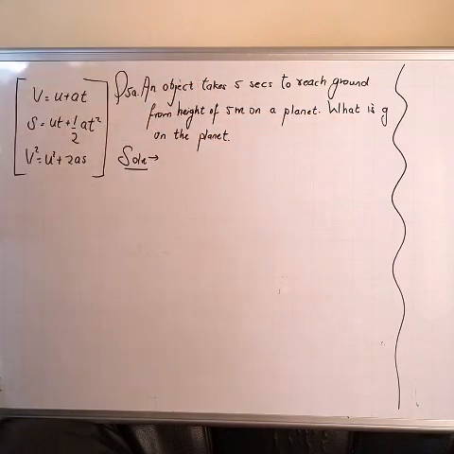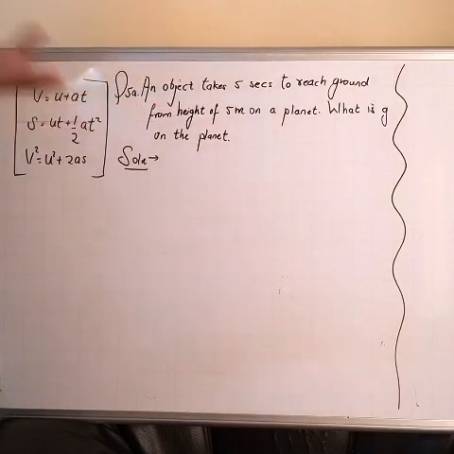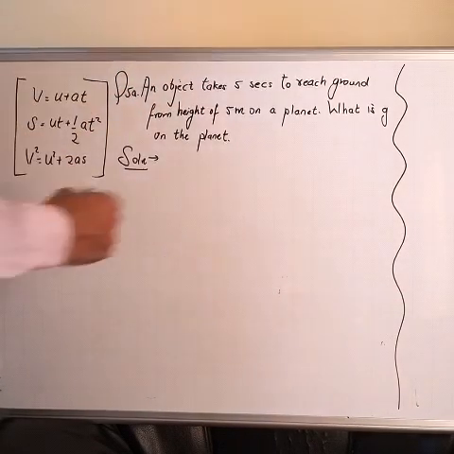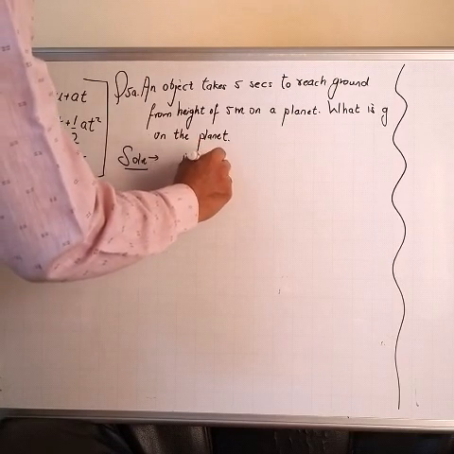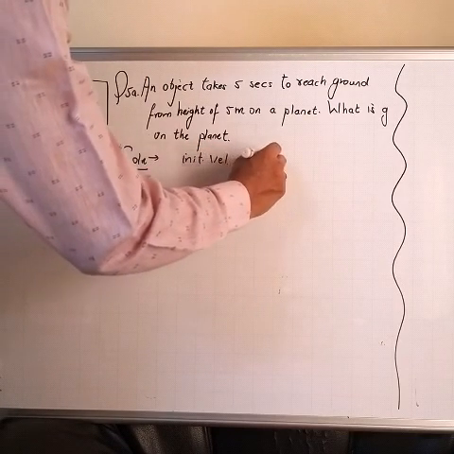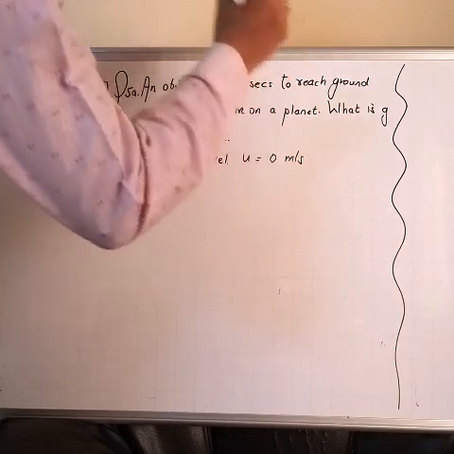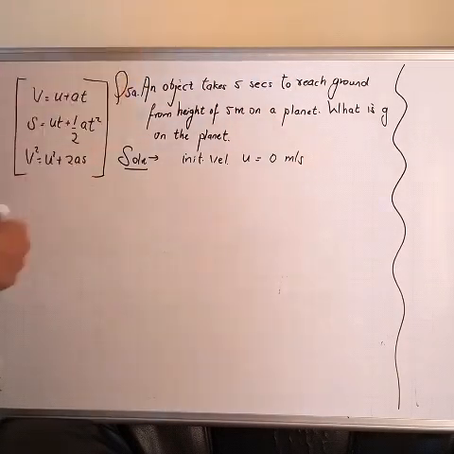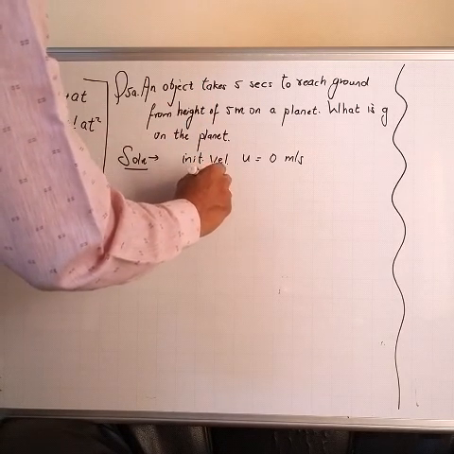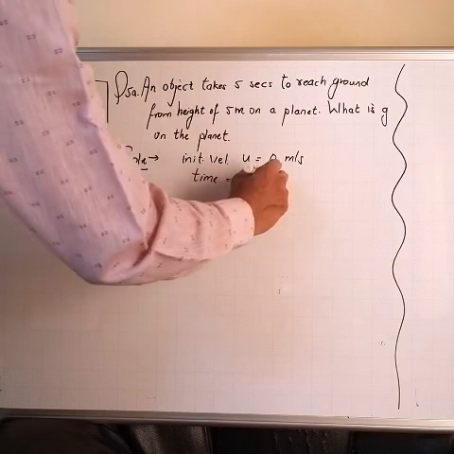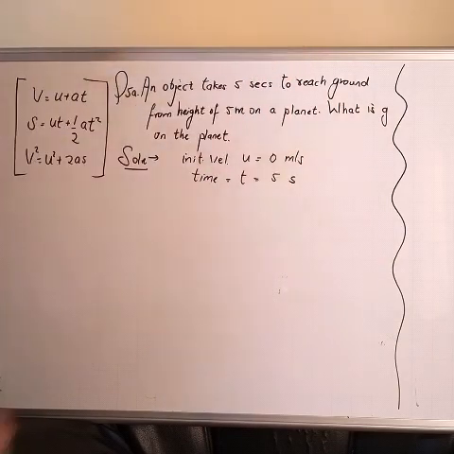Now, since the object is released from the height, directly one thing I will take is the initial velocity. Initial velocity u will be taken as 0 meter per second. Secondly, how much time does it take? Time taken is 5 seconds, right?